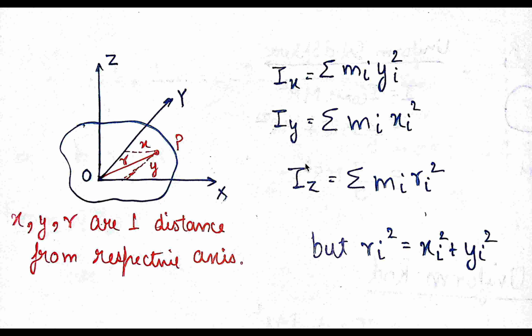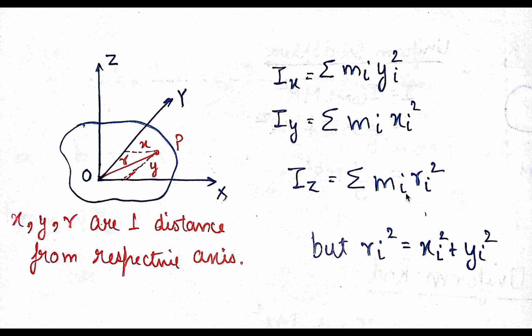And if you see the moment of inertia about the z axis, it will be given by the distance from the z axis, that is r. You know that the distance of point P from the origin is small r, that is this distance.